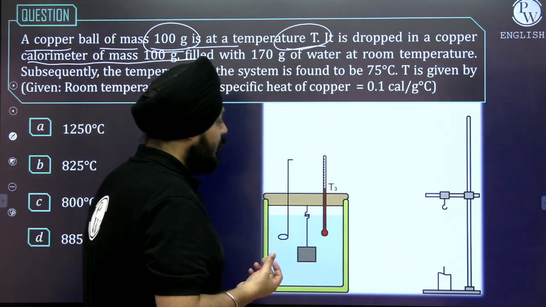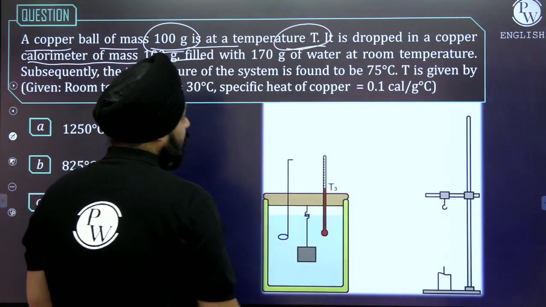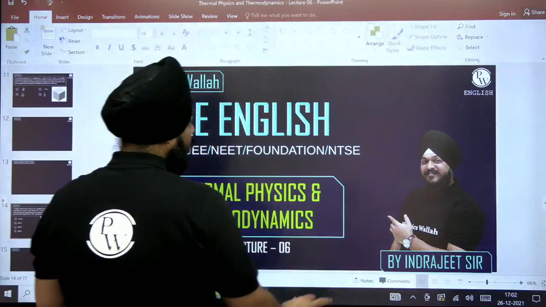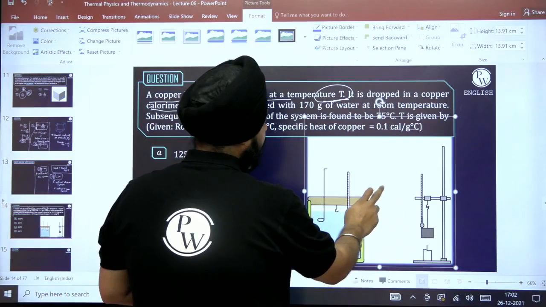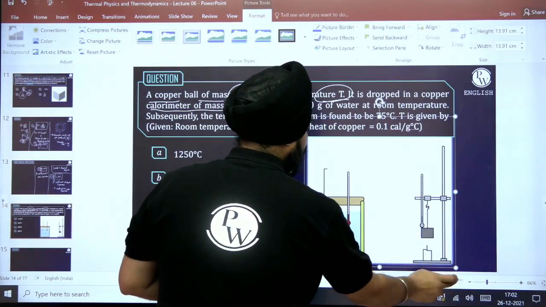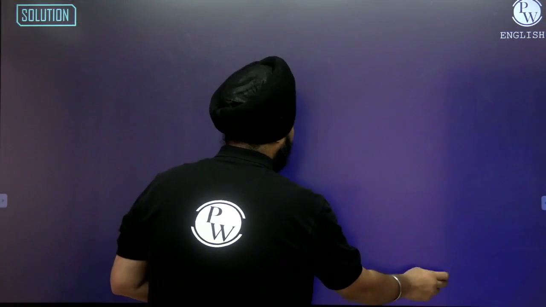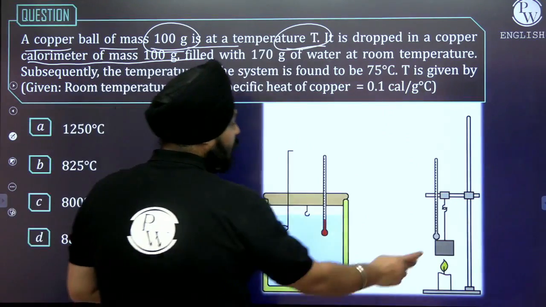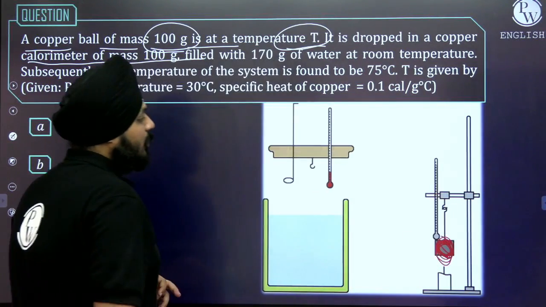You can see this in the visual. Suppose this is the ball.